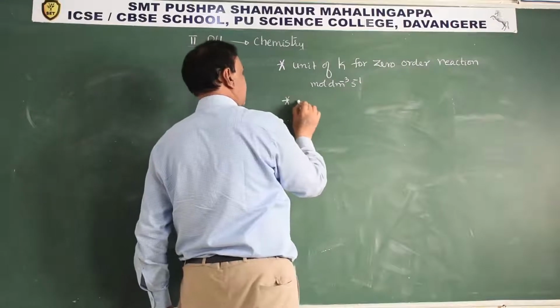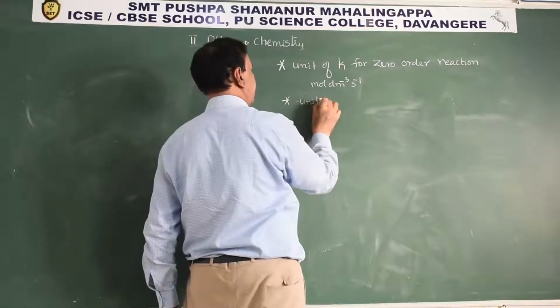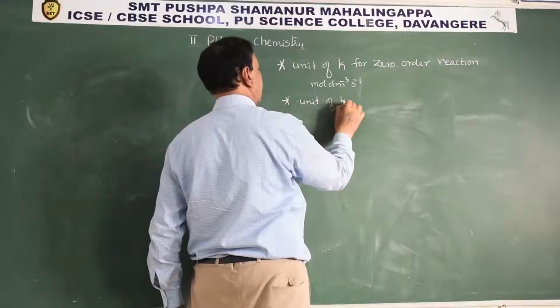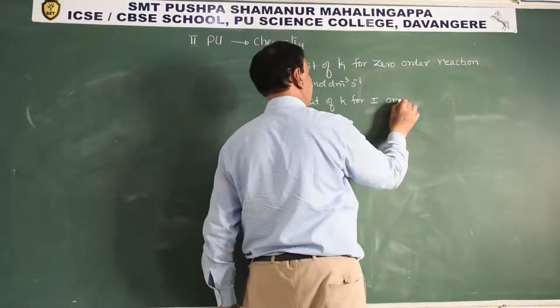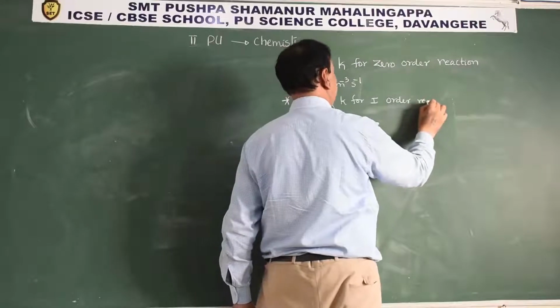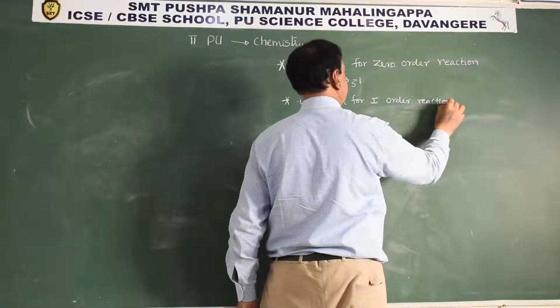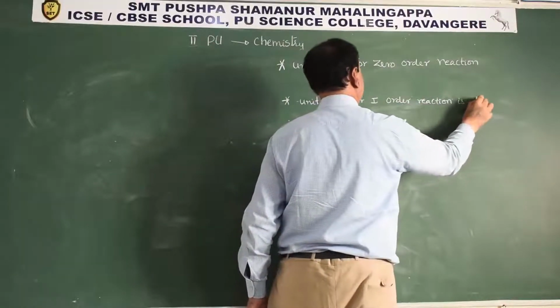Very important one. Unit of K for first order reaction is per second.